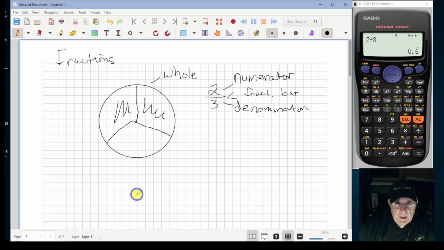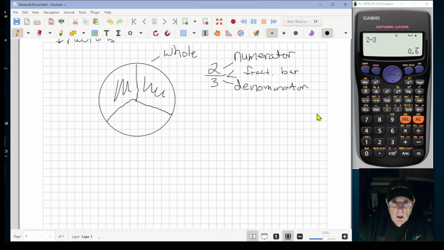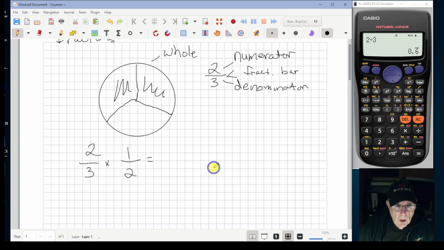Now, doing arithmetic with fractions in some areas is tricky. The easiest thing to do with fractions is multiply them. So let's take our friend 2/3 and multiply it by 1/2. In multiplying fractions, it's just the top number times the top number, the bottom number times the bottom number.